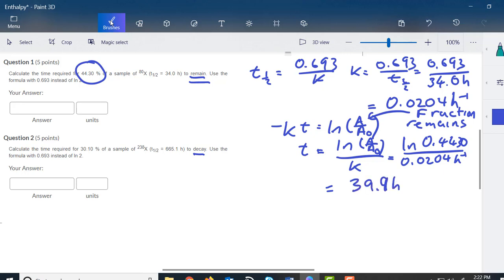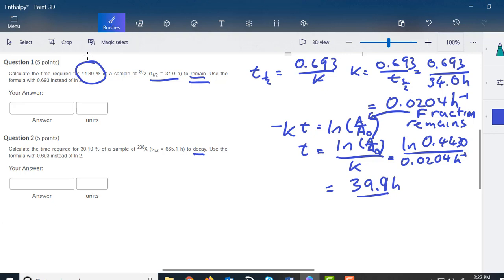Now this makes sense because if we look at the half-life, we can see that it's going to be 34.0 hours, and since this is more than 50%, because 34.0 hours is how much it would take to get to 50%, to get to 44.3% it's going to need a little bit more time than that, and 39.9 hours seems reasonable as an answer to that one.